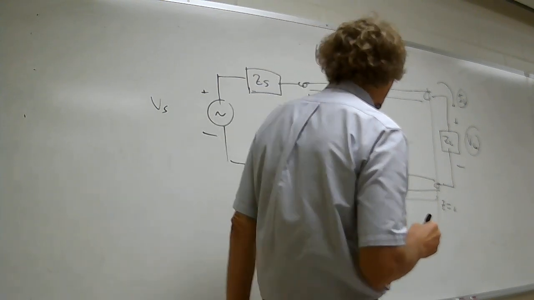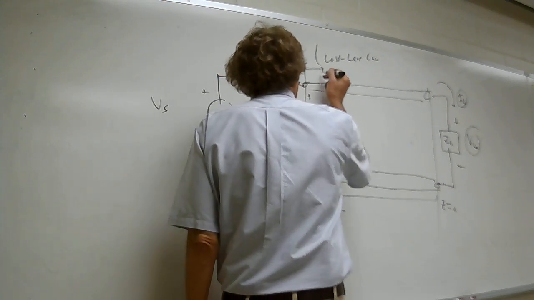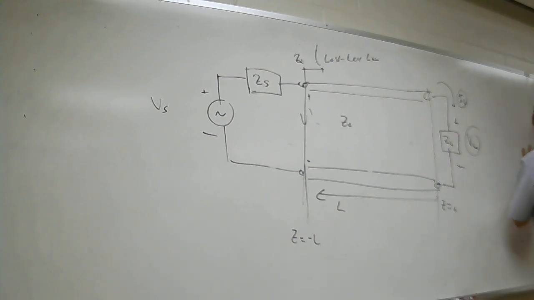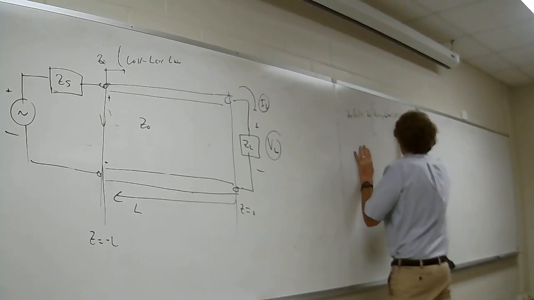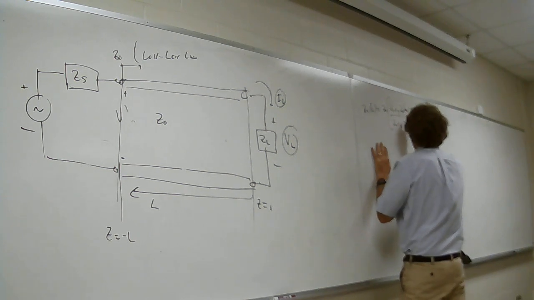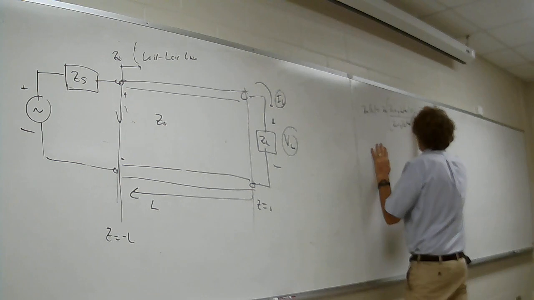So here's how we do it. We first find the input impedance right here. So we find that impedance, and we know what it is if it's lossless: Zin at L equals Z0 times (ZL plus j Z0 tangent of beta L) over (Z0 plus j ZL tangent of beta L).